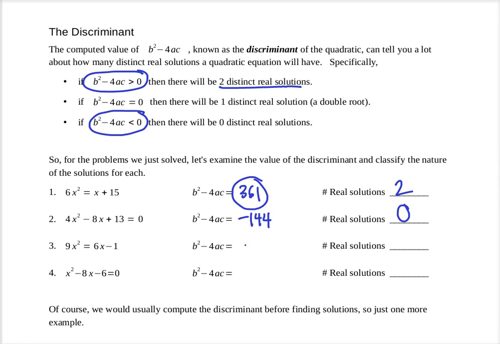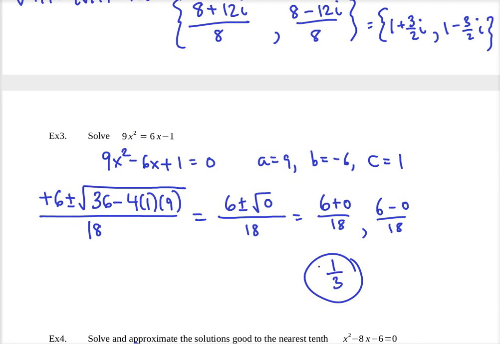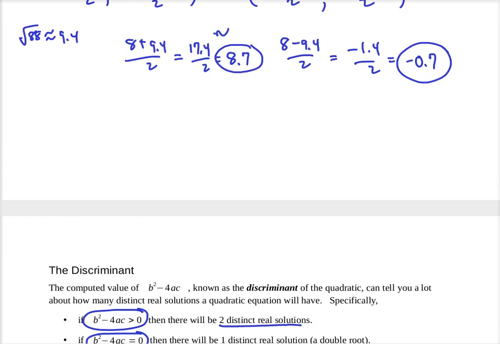In example 3, we got a 0 for b squared minus 4ac, and so if b squared minus 4ac is equal to 0, we get a single distinct real solution. So one real solution. The fully worked out solution gave us 1/3 as our single solution. It was 6 plus or minus the square root of 0, if you recall.